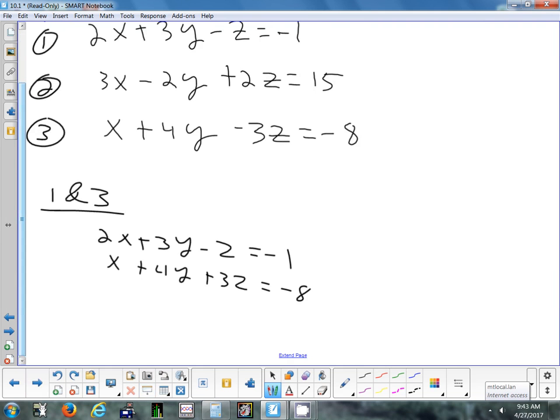Okay, we could get rid of y, but we're going to have to multiply each equation by something. Let's just pick a different letter. Okay, let's do x. What could you multiply the bottom equation by that would get rid of x? -2. So this one I'm just going to copy over and keep it the same.